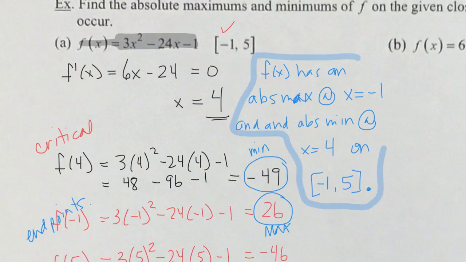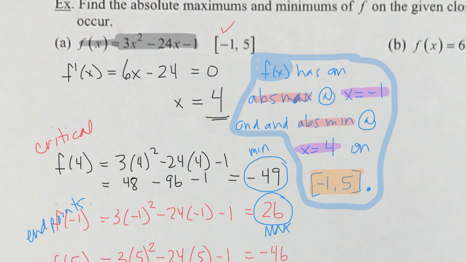Okay? So we put in, what are we talking about, right? F is who. The what is your absolute max and your absolute mins. And then our x values answer the question, where does that occur? Right, at x equals negative 1 is where we have our absolute max. And at x equals 4 is where we have an absolute min. And then these are your constraints on this interval.